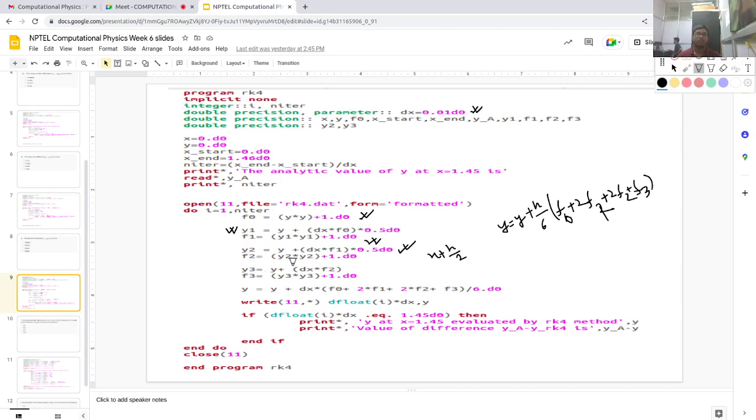Okay, so that will give you the value of f2, and then that f2 is used for calculating y3, which will be calculated at x plus h, not x plus h by 2.